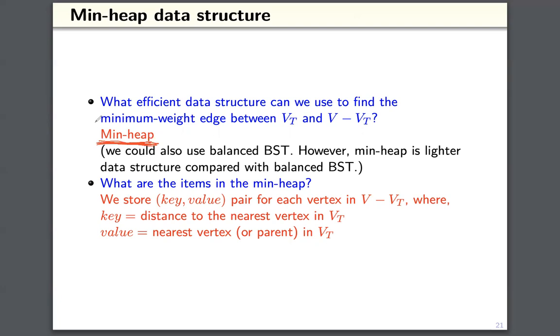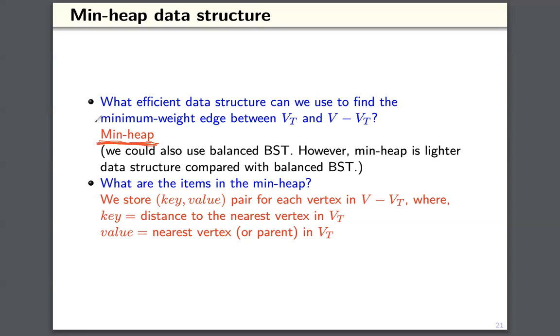If min heap solves the problem, why should we go with balanced BST? I mean, we can use BST. There is no problem with that, right? It will work. However, why care for a much more heavy data structure when we can solve the problem with a lightweight data structure? Min heap is a lightweight data structure that can solve the problem here. So let's use min heap. Okay.